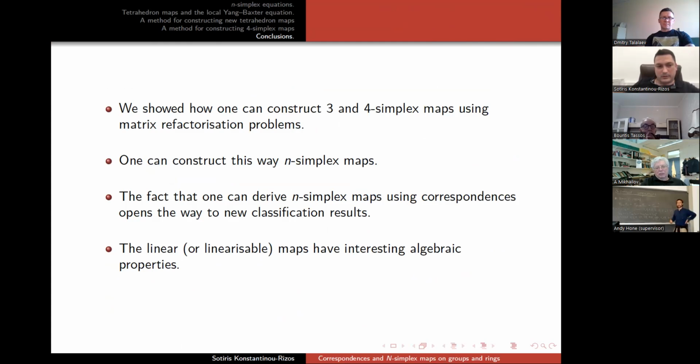Actually, Buchstaber came here and gave us a talk on multi-valued groups, and it probably makes sense to think about classifying the correspondences on multi-valued groups and not on arbitrary groups.